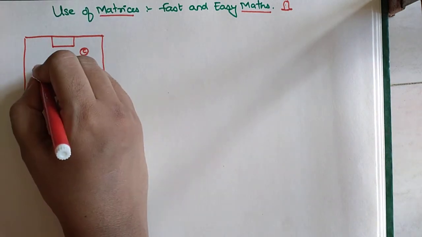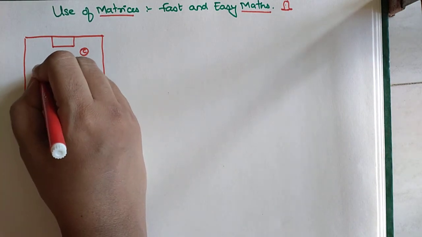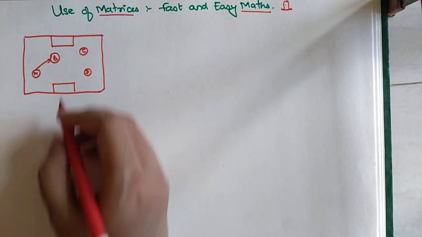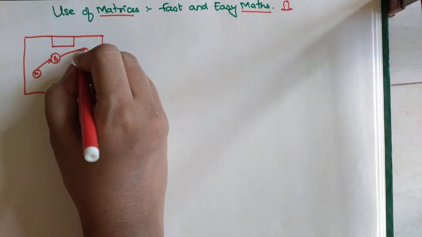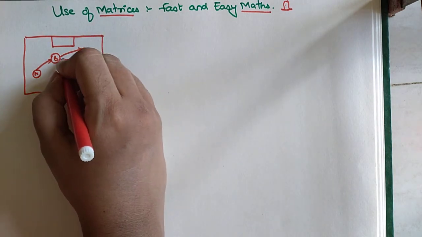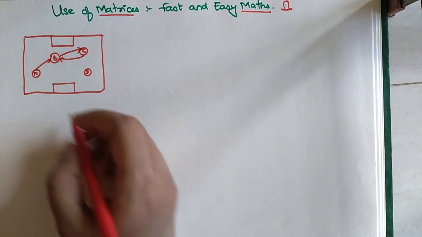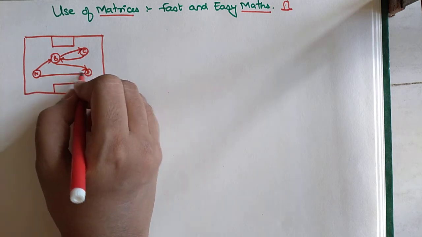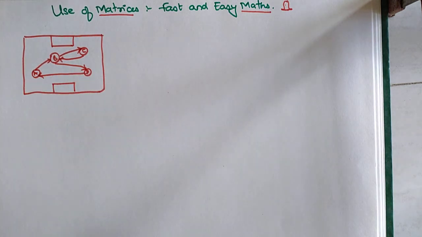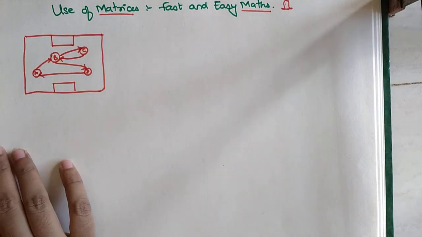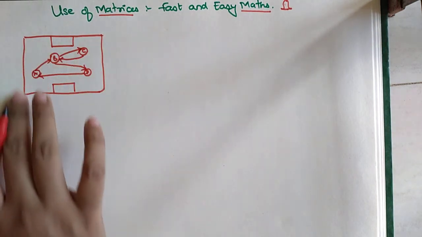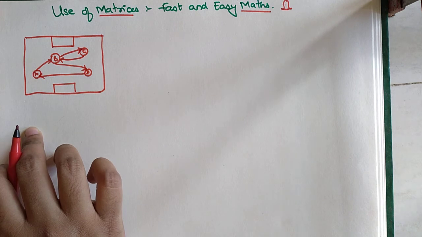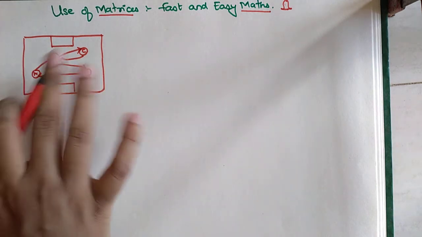The ball is with A and he passes the ball to B and B passes it to C. C passes it back to B and then B passes it to D and D then passes it to A. Now this is what we saw, and by looking at the picture also you will be able to know exactly how the ball is moving.